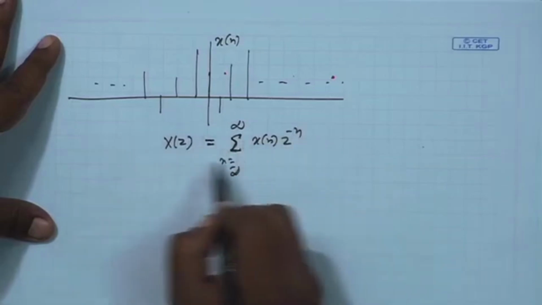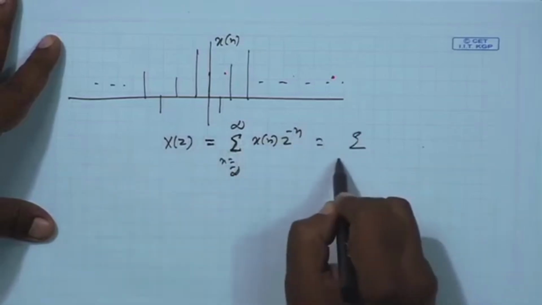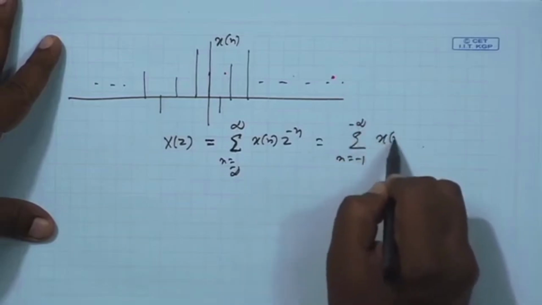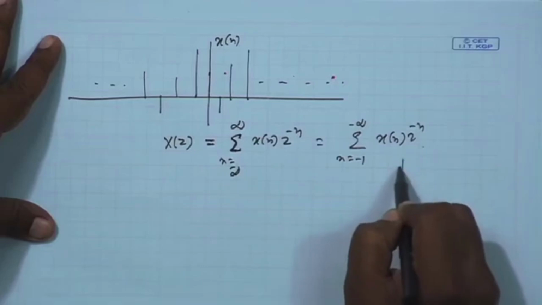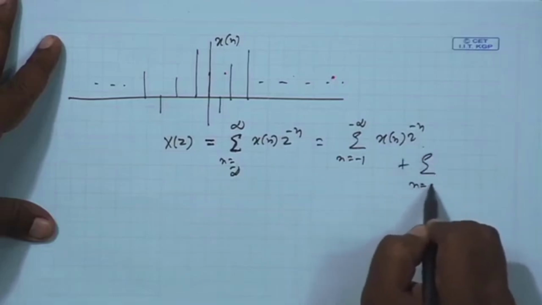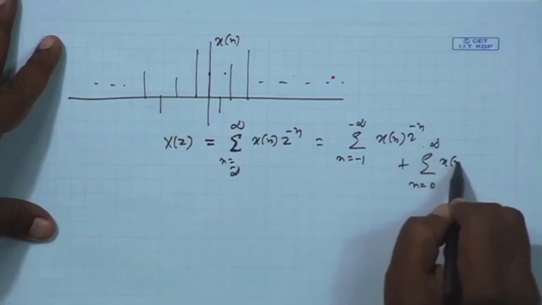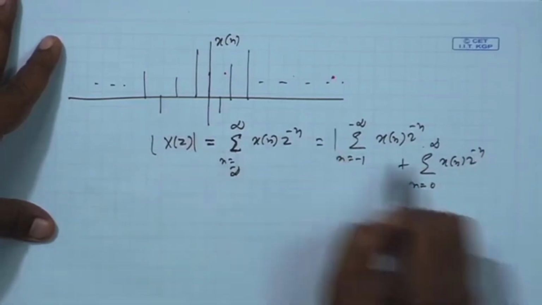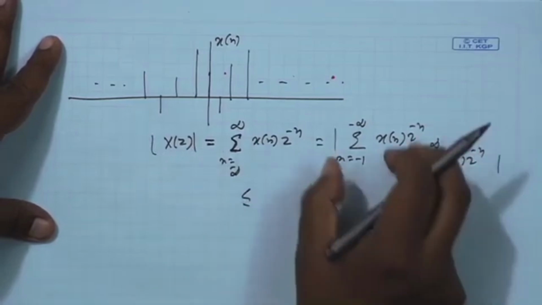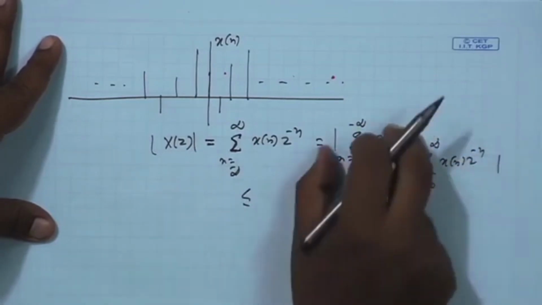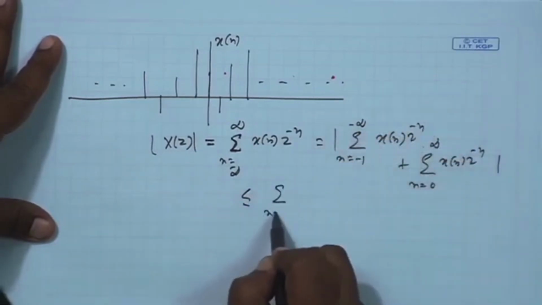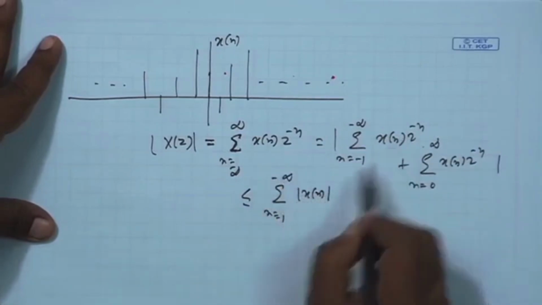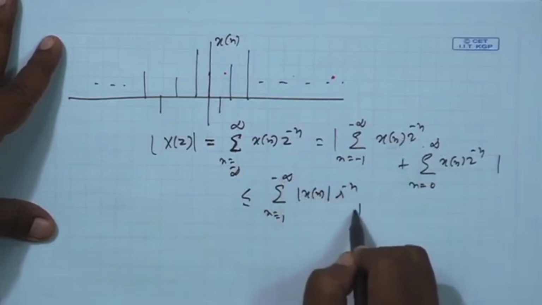Okay. And this summation will break into two parts, n equal to minus 1 to minus infinity. So, mod X(z) is this, which is less than or equal to mod of this plus mod of this, and mod of this is further less than or equal to r to the power minus n.